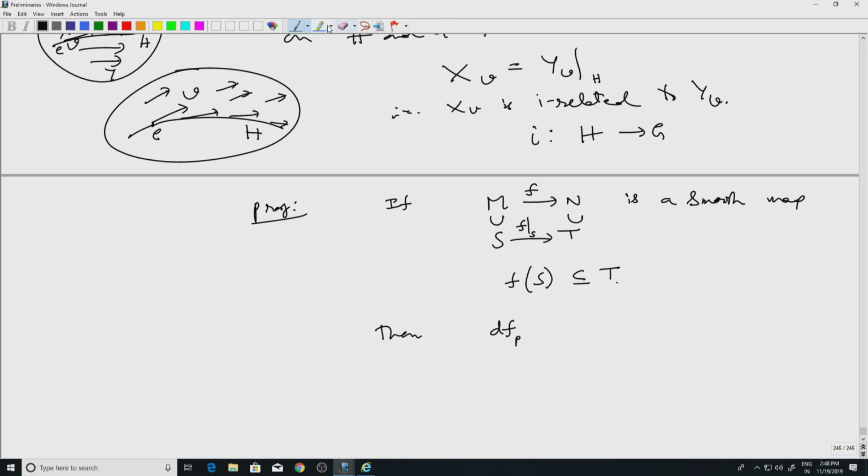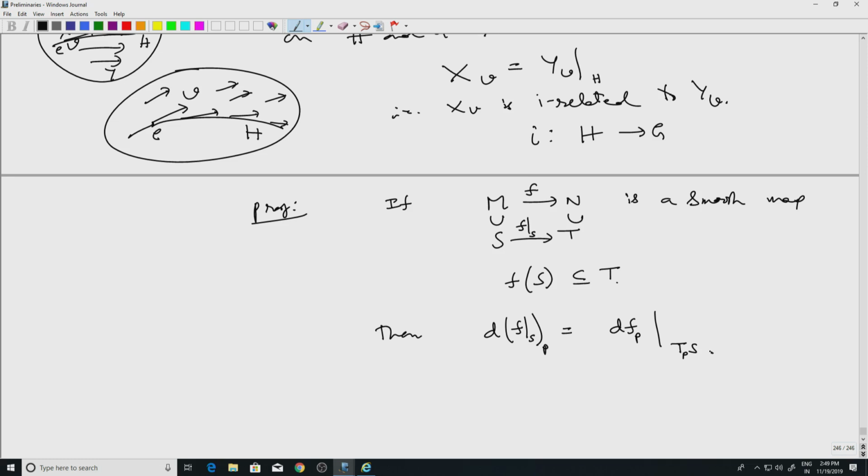So in fact I can talk about two derivatives, derivatives of two maps. One is dF restricted to S at P, and the other one is dF at P and then restricted to the tangent space to S. The two will be the same.